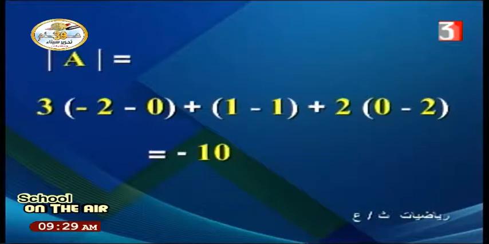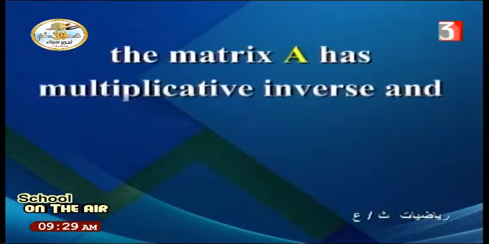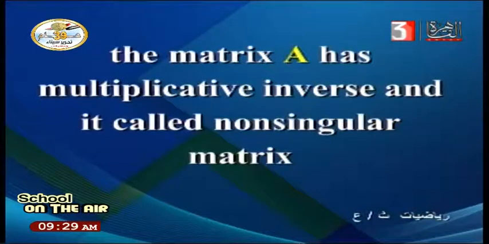But if the determinant equals 0, then the matrix has no multiplicative inverse. Therefore, matrix A has a multiplicative inverse. It is called a non-singular matrix.